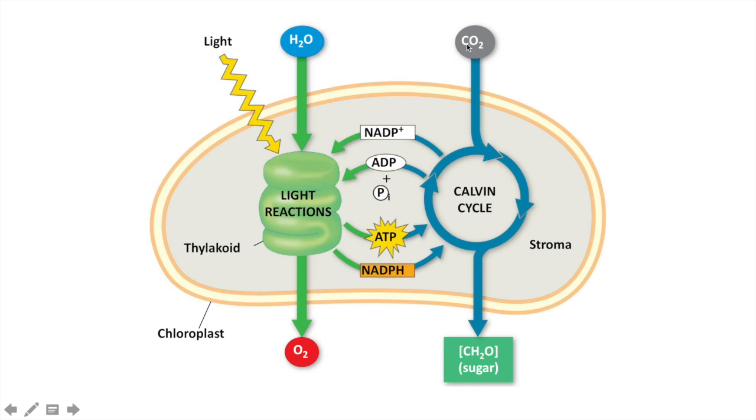In the Calvin cycle, carbon dioxide is brought in through the stomata as a gas, and sugar is the product of the Calvin cycle. So we can store up that energy through photosynthesis as sugar that can then go into cellular respiration.